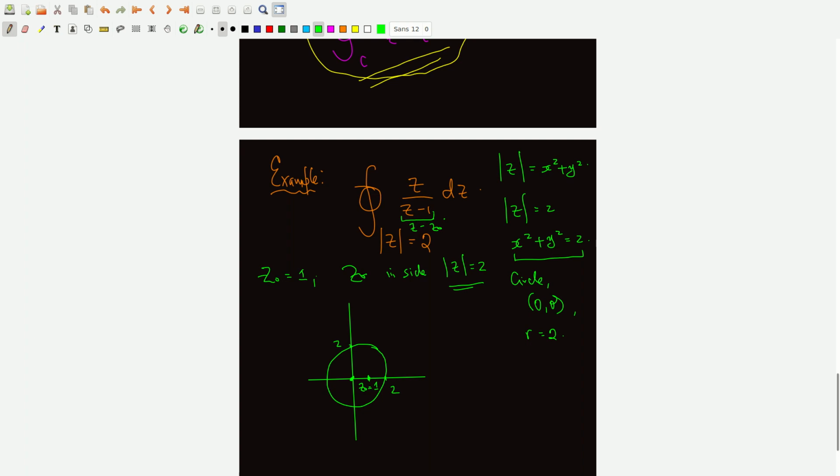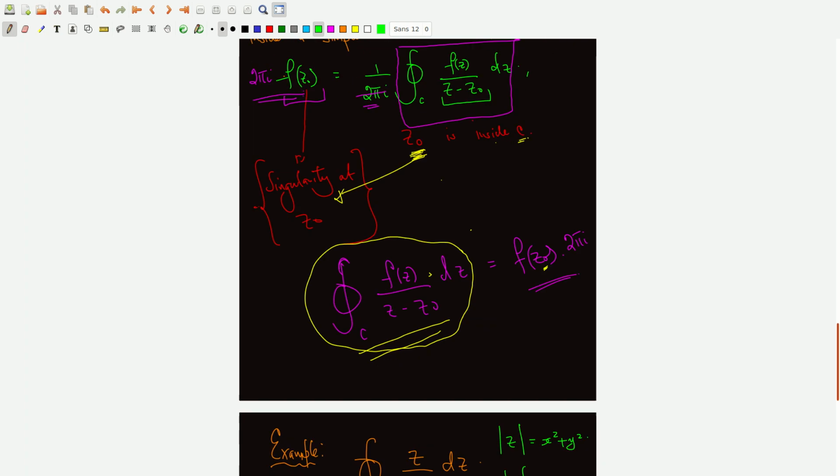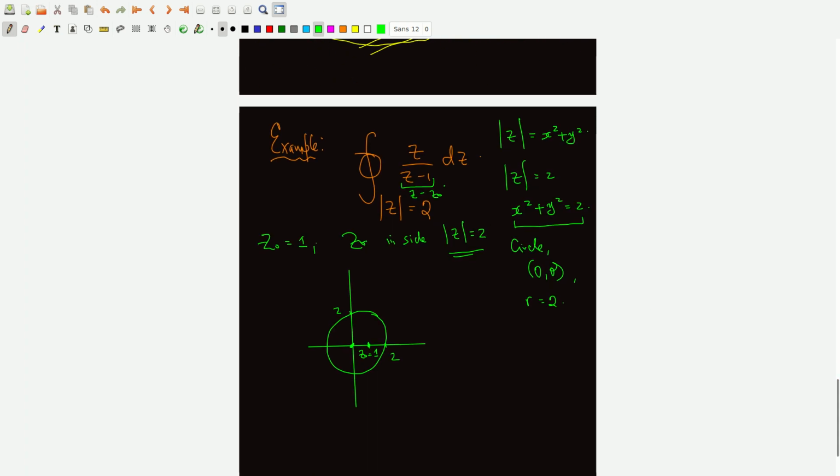It is well defined except at z naught equals 1, our singular point. So we are going to make use of this expression and see how we can compute this integral.